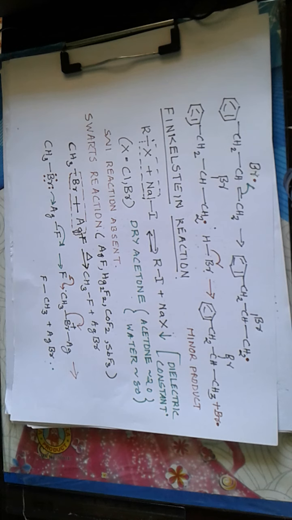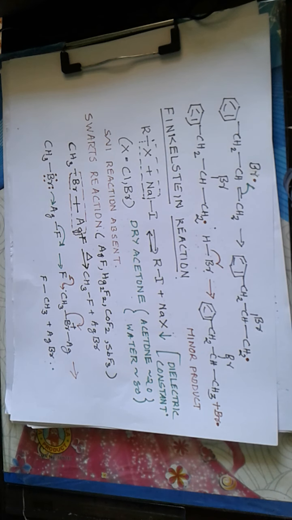Now coming to another reaction, that is the Swarts reaction, which is used for the preparation of alkyl fluorides. Now the reagents used are silver fluoride AgF, Hg2F2, CoF2, all these are compounds of transition metals, and SbF3, which contain vacant orbitals.